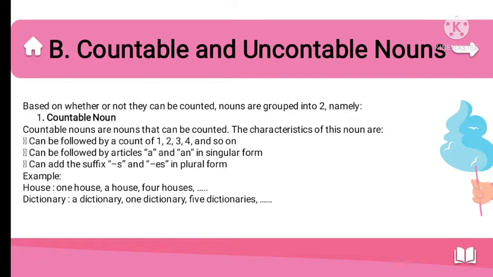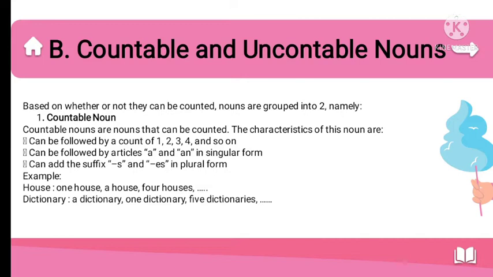For example, house, one house, a house, 4 houses. Dictionary, a dictionary, one dictionary, 5 dictionaries. Related to this type, singular nouns are called singular nouns, a and one, and plural nouns are called plural nouns, s and es.